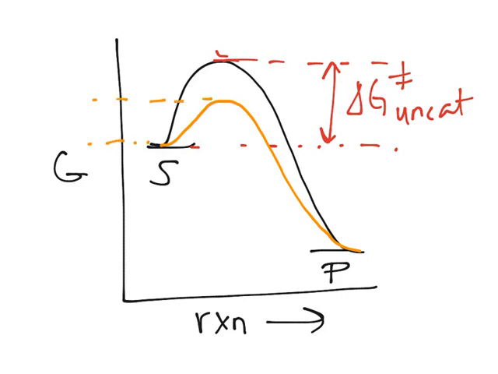Now for our enzyme catalyzed reaction, we have a new delta G double dagger. And you can see it's lower, so it's basically the enzyme has lowered the activation barrier for this reaction to proceed. So as we talk about the mechanisms in catalysis, we'll be doing some comparisons.